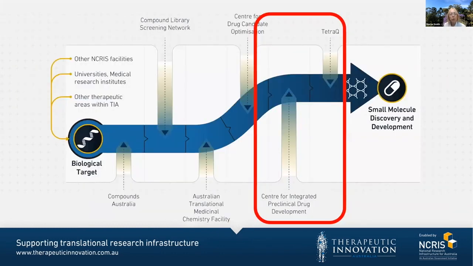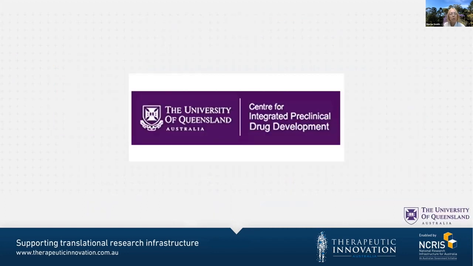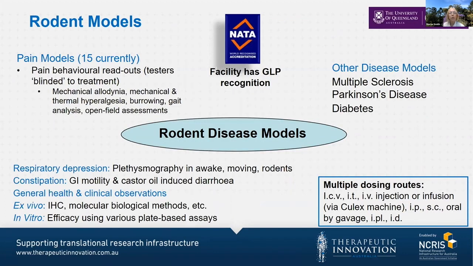Next, I'm going to talk to you about the Centre for Integrated Preclinical Drug Development and TetraQ. So the Centre for Integrated Preclinical Drug Development at the University of Queensland undertakes work in rodent disease models. So we have 15 rodent pain models and 3 other disease models at this point in time.